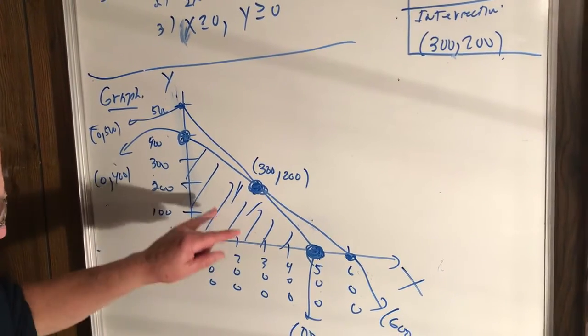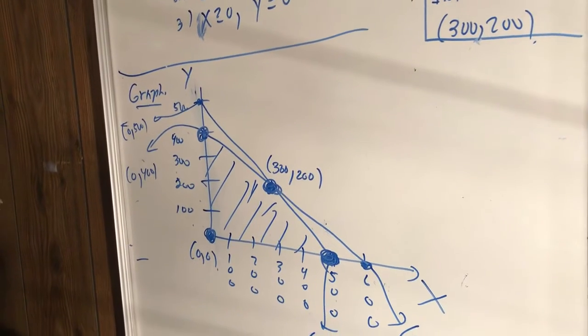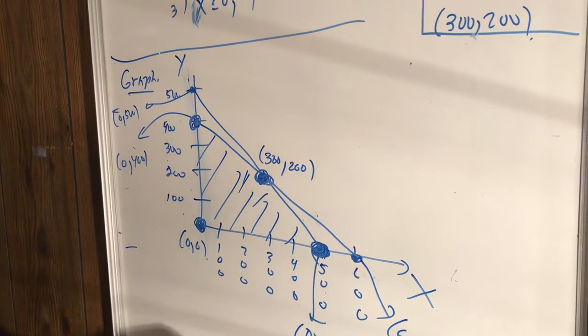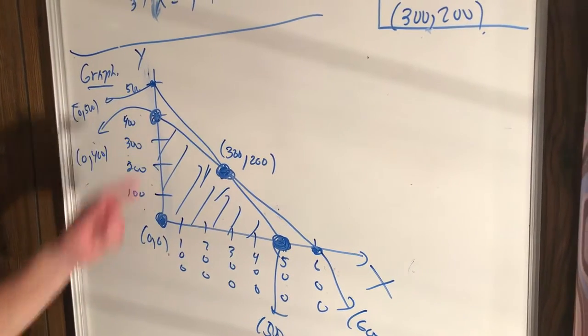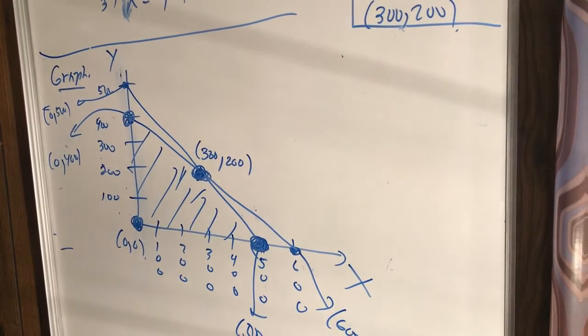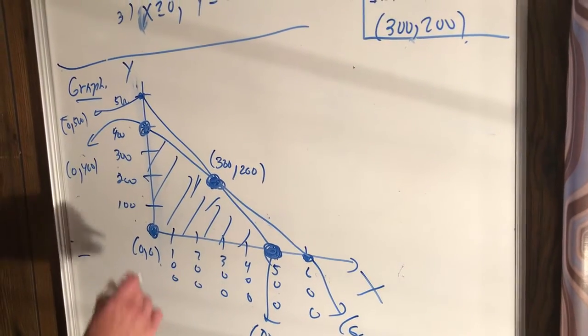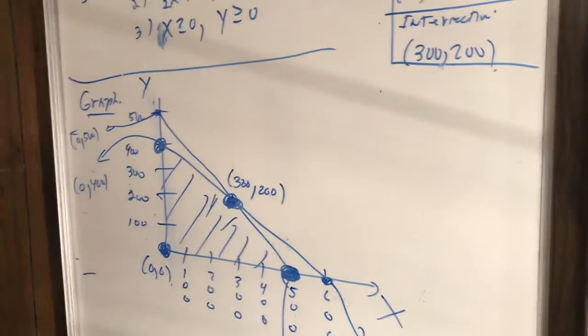Now you might wonder what happens to all these points in here? Well, if I had time, I could derive why the maximum is always at one of the corner points. If this is what they call a convex set, the maximum of the objective function will always be found at one of these corner points or feasible points.